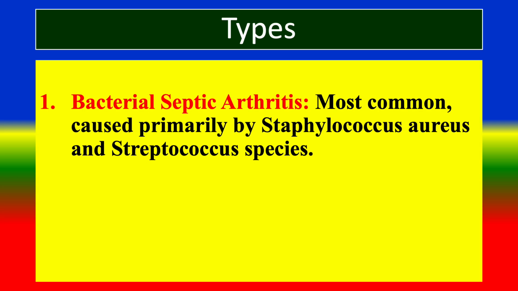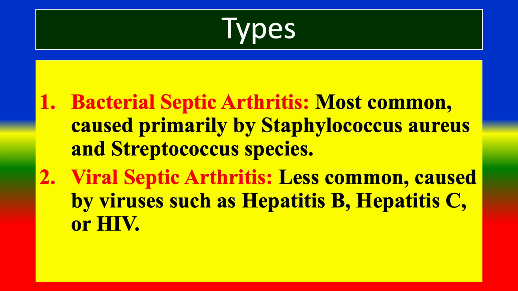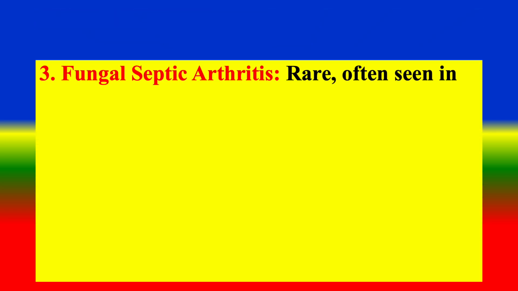Types. 1. Bacterial septic arthritis, the most common, caused primarily by Staphylococcus aureus and Streptococcus species. 2. Viral septic arthritis, less common, caused by viruses such as hepatitis B, hepatitis C and HIV. 3.